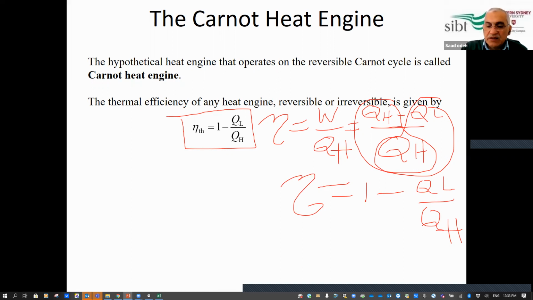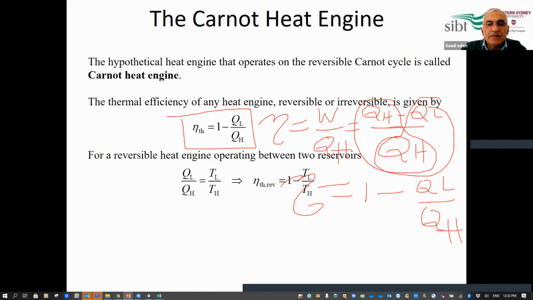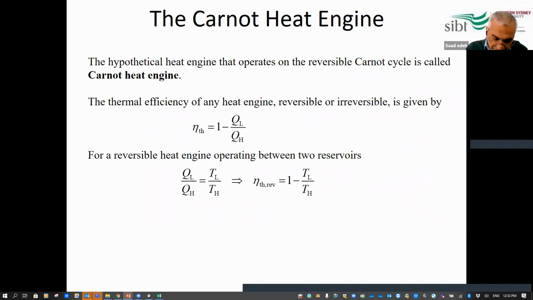So we'll have this efficiency. Because we are working between two reservoirs, the hot and cold sides of the system, we can replace QL by T. As you can see here, I have the same ratio. If I divide QL by QH or TL by TH, it will give me the same ratio.